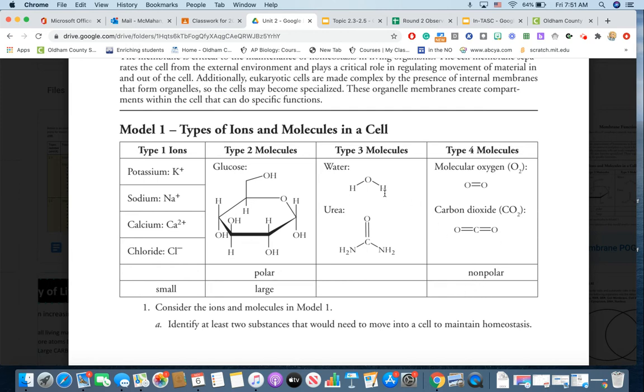Based on the fact that you called these small, these would also be small. So recapping, our type 1 molecules here are ions that are small. Our type 2 molecules are large polar molecules. Our type 3 are small polar molecules, and our type 4 are small nonpolar molecules.